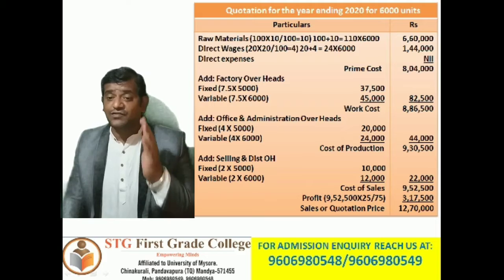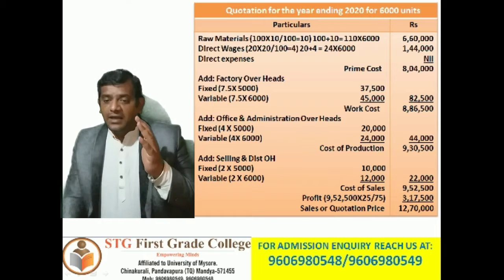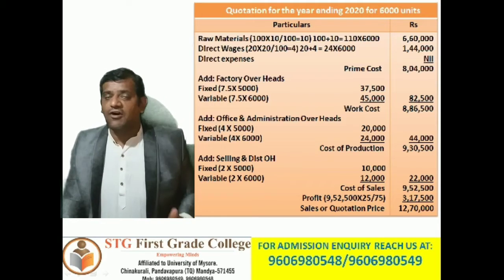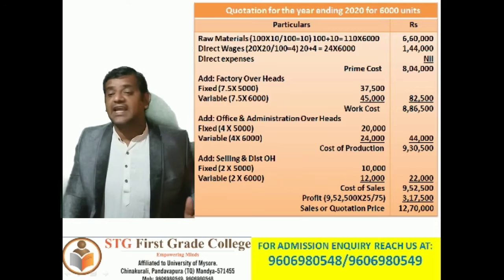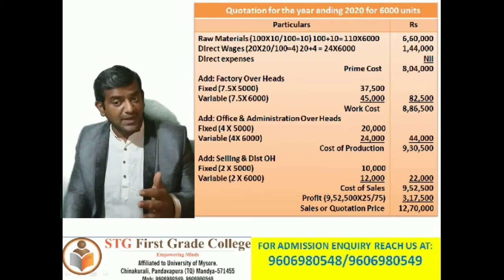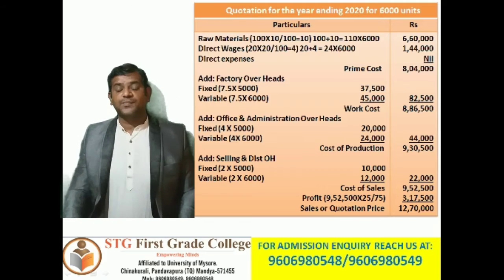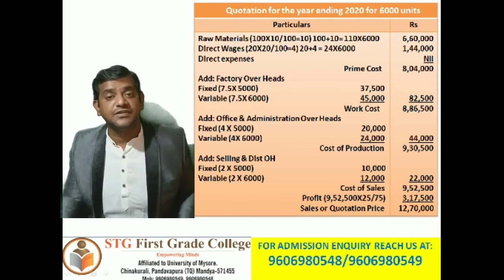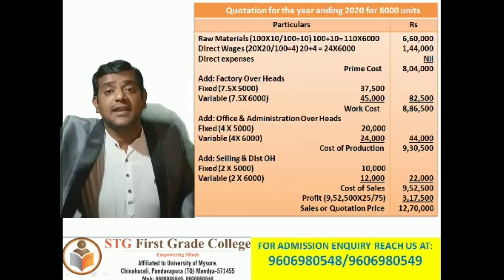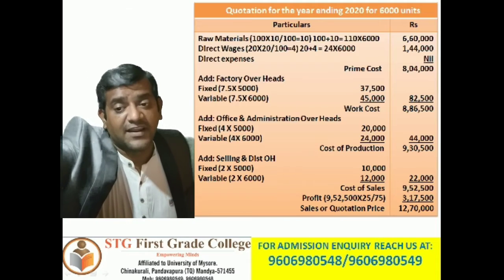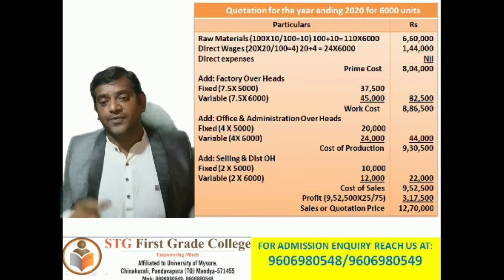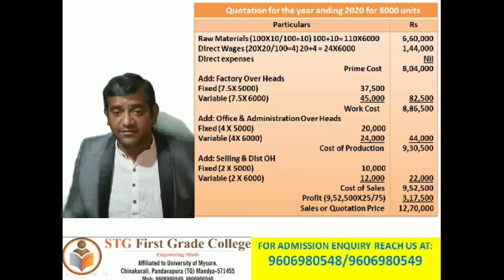That is, cost of production will be work cost plus office and administration, that is 8,86,500 plus 44,000. So that comes to cost of production 9,30,500. How much? 9,30,500.